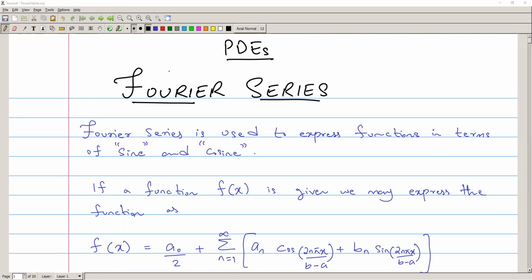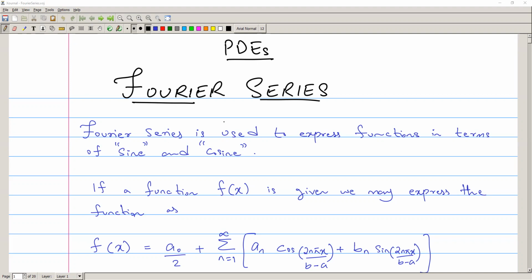So after discussing the classification and canonical forms of second order partial differential equations, now we are moving towards solving some great classical partial differential equations, some phenomenal work by the great mathematicians of that time: Fourier, Laplace, D'Alembert, and many great mathematicians, right?